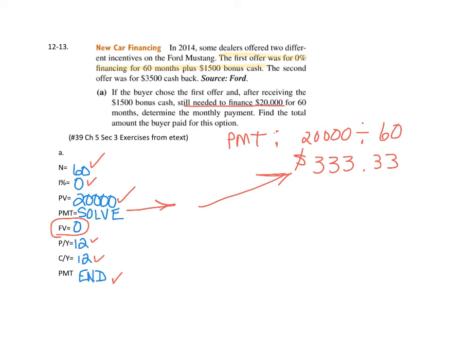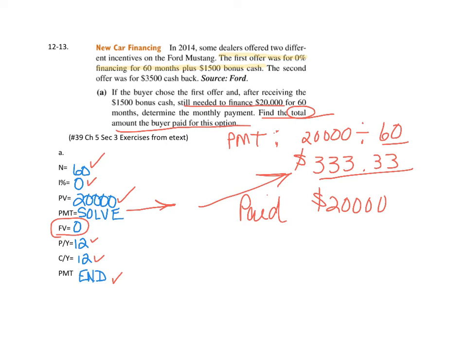$333.33. But the thing to be cautious of here is it says to find the total amount the buyer paid for that option. So what the buyer paid was the total of $20,000 for the car, which is the 60 payments of $333.33 each.